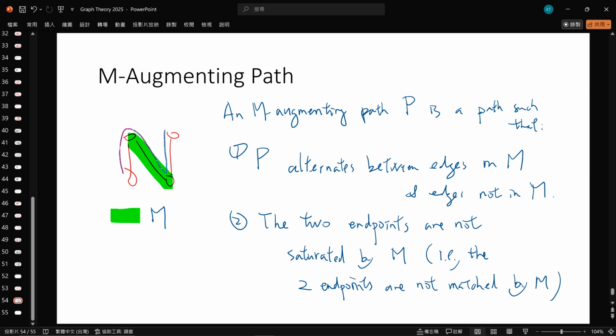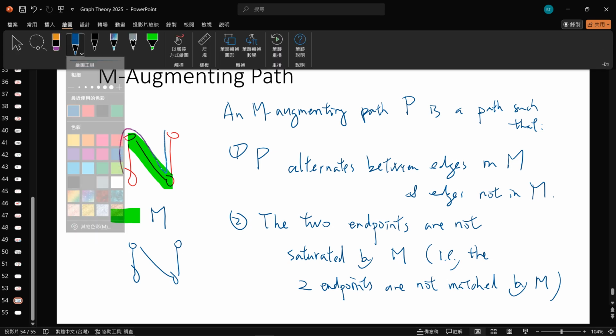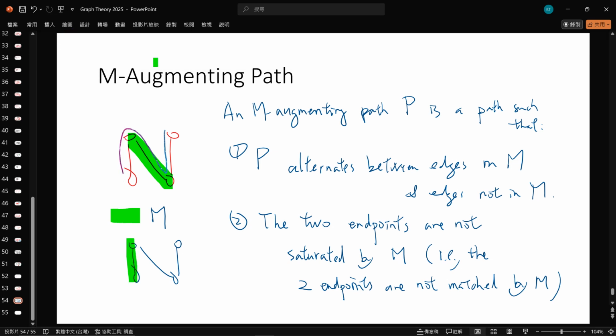So after we find this augmenting path, we can have these two edges, because these two edges are on this path P, and they are not in this green matching M.